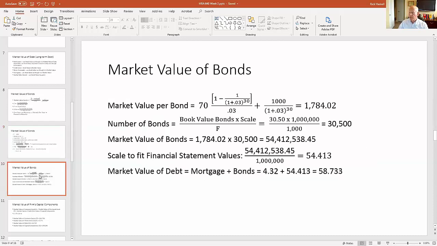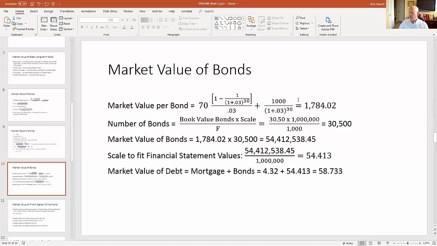As we then plug this into the equation, we see here 70 is C, times 1 minus 1 divided by 1 plus YTM, or 0.03, to the power of 30, the number of periods between now and the time the bond will mature, and all of this divided by 0.03.